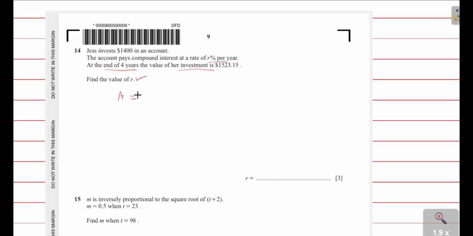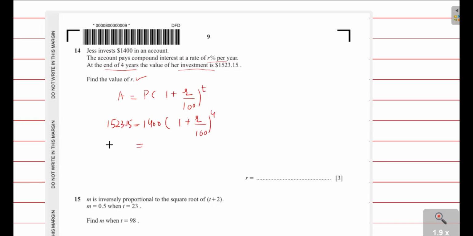The compound interest formula is A equal to P into (1 plus R over 100) whole power T. A is the amount after T years, P is the investment amount, R is the rate. We will substitute the values. A we write 1523.15, P is 1400 into 1 plus R over 100, which we have to calculate, and T is 4.